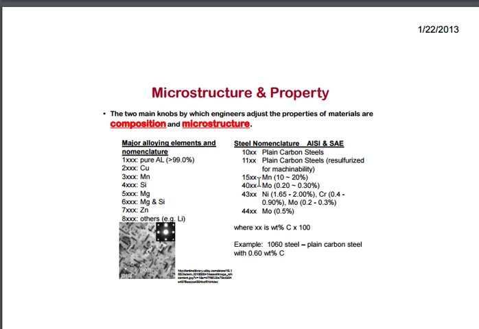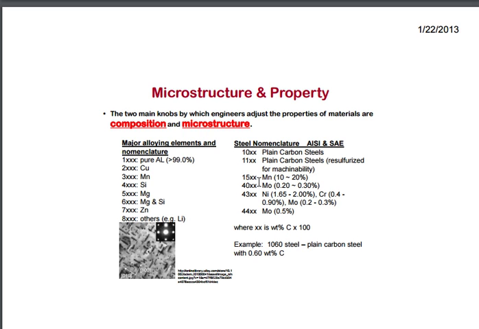So you have pure aluminum, which is written as 1XXX, so 1322 or something like that. Then you have 2000 series, so that's copper. 3000 series, you have manganese. 4000 series silicon. 5000 series magnesium. 6000 series magnesium and silicon. 7000 series zinc, and 8000 series for other lightweight metals.